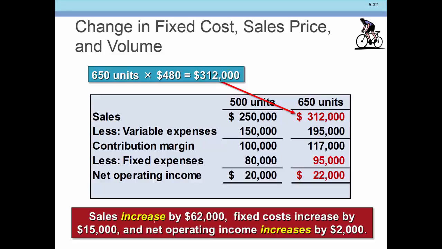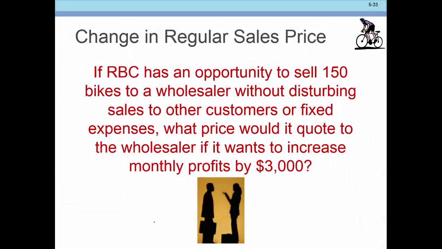Okay. Now, you come over, and for this one, they see that somebody comes to them and says, hey, I'll buy 150 bikes from you. Okay? And we can produce these 150 more bikes, but I should say it's not going to affect our current capacity at all.